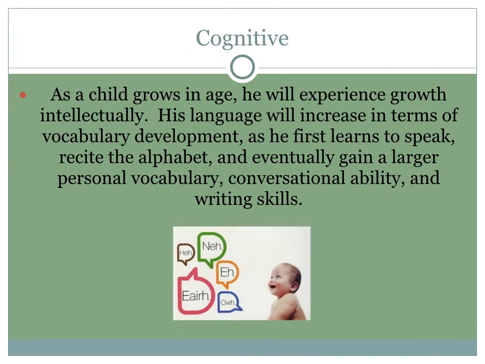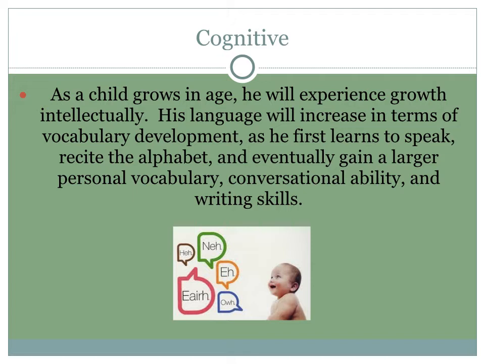Let's examine the cognitive developmental stage first. As a child grows in age, he will experience growth at an intellectual level. His language will increase in terms of vocabulary, the development of the words he's able to use, as he first learns to speak, as he first learns to recite the alphabet, A, B, C, D, E, F, G, what children often do.